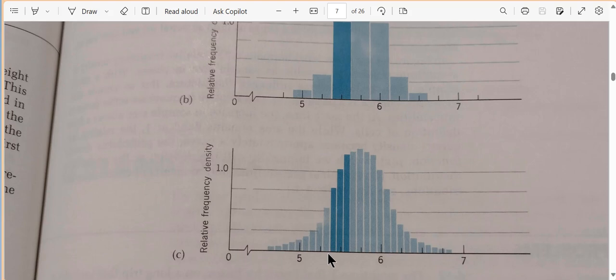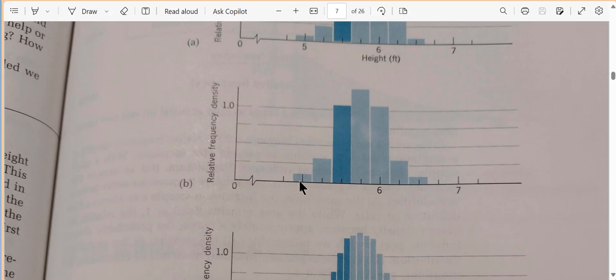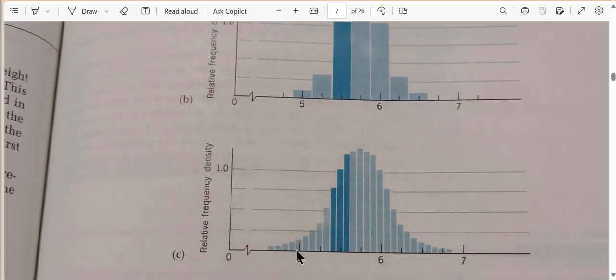We'll get more bars here, and the bars will actually get shorter, won't they? Because if this is people between 4.75 and 5.25, and this is only between 4.9 and 5.1, then you're not going to have as many people. So the bars will get shorter, but you can again keep rescaling if needed.